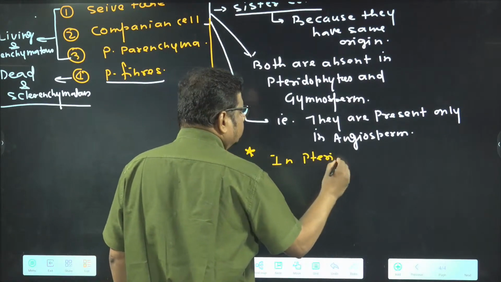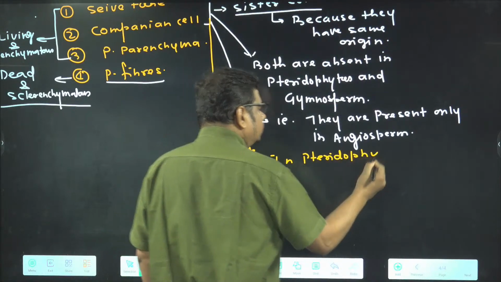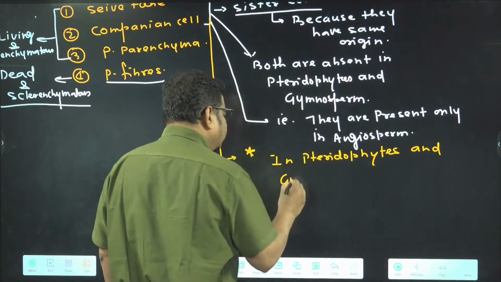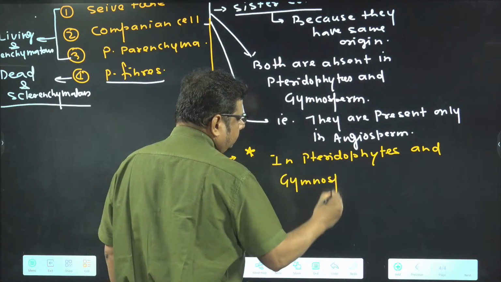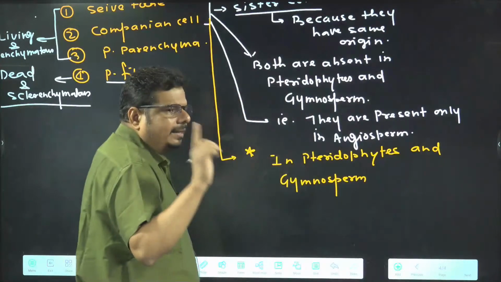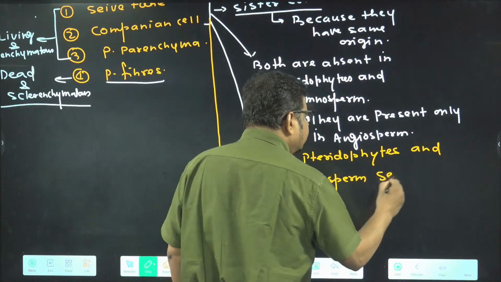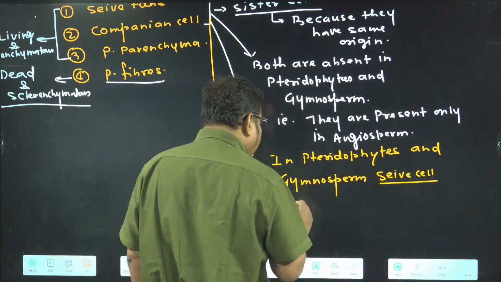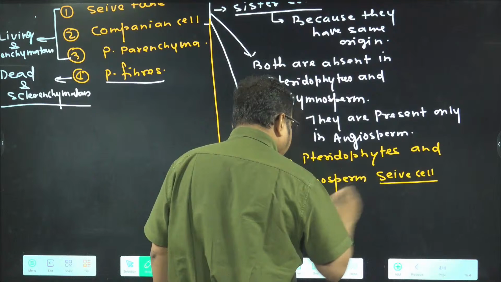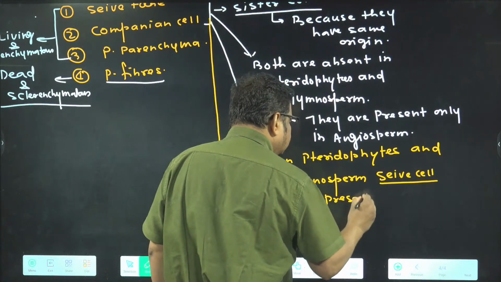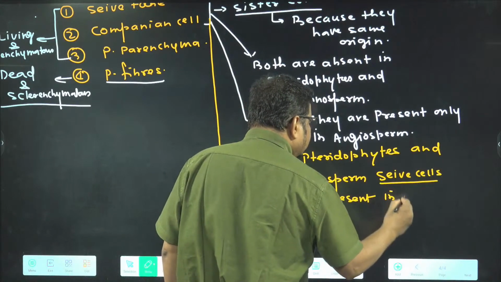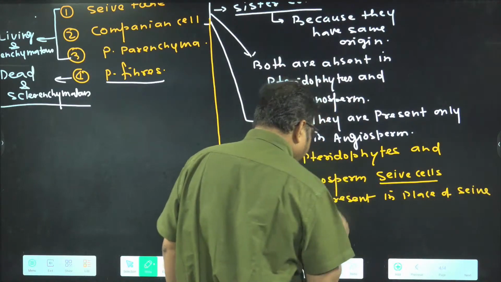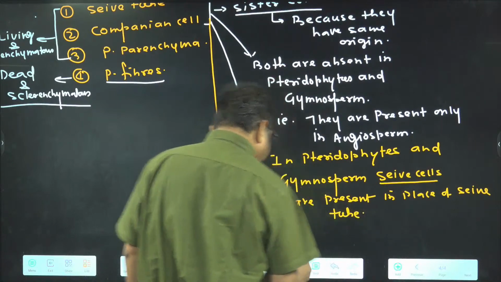In pteridophytes and gymnosperms, sieve cells are present in place of sieve tube. Getting the idea?